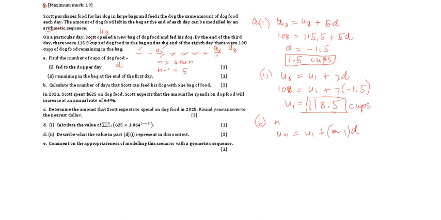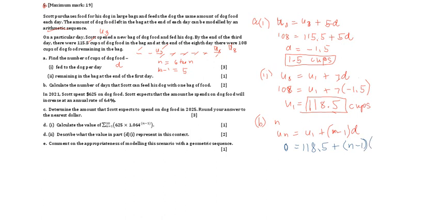So let's take this. Zero equals u sub 1, 118.5, plus n minus 1 times d.